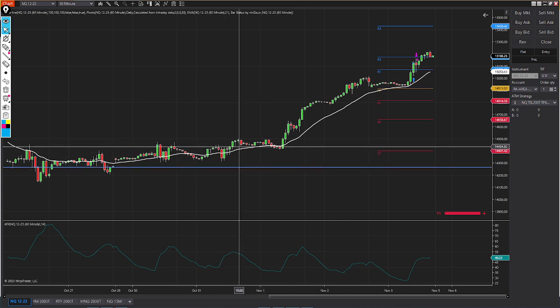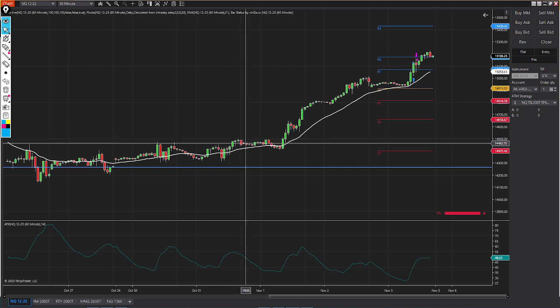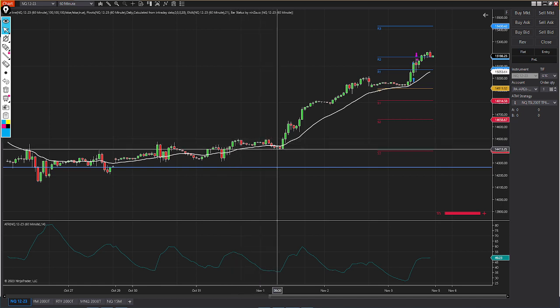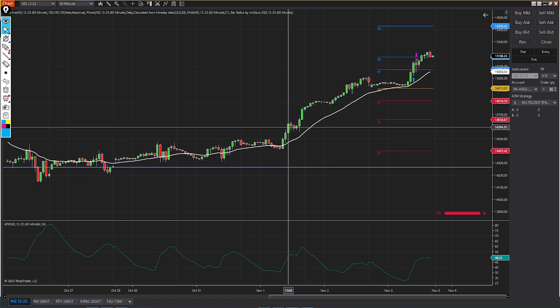And same thing: a new move, a new higher low right here, and then a new break to a new high.